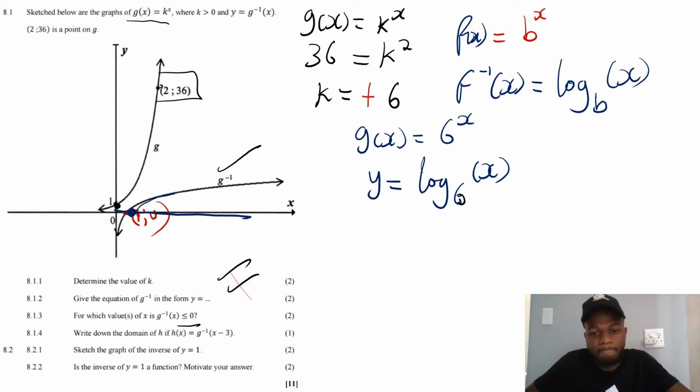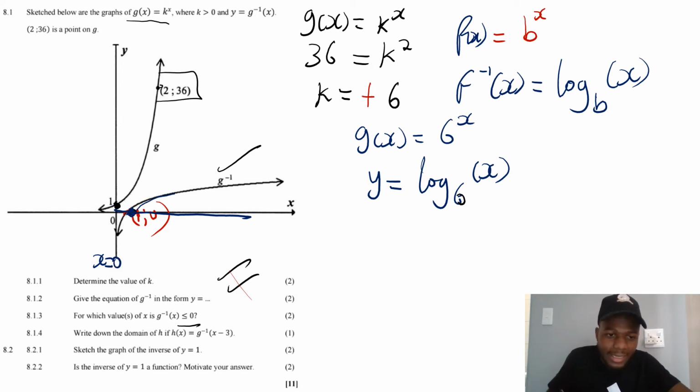Our function is below the x-axis, and that's what we want. And there's a restriction. This logarithmic function we are seeing here has an asymptote. Its asymptote is x equals 0.